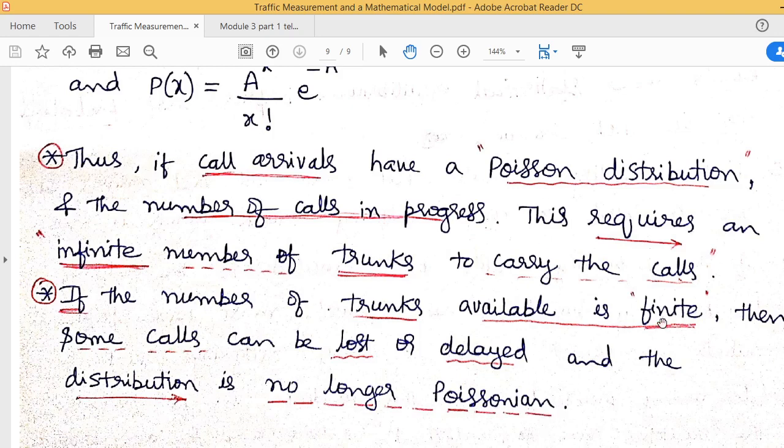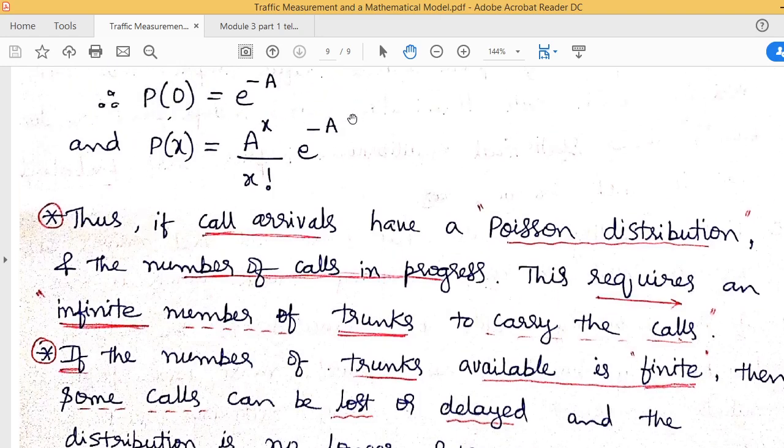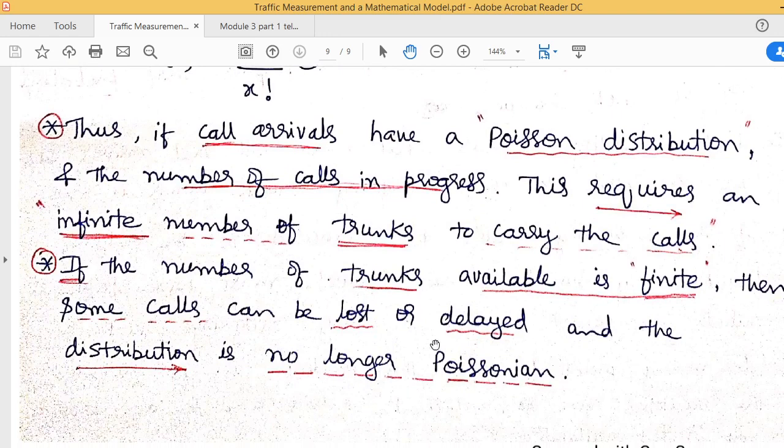When we are dealing with calls being lost, we will be dealing with a lost call system. If the calls are being delayed, then we will be dealing with a queuing system.